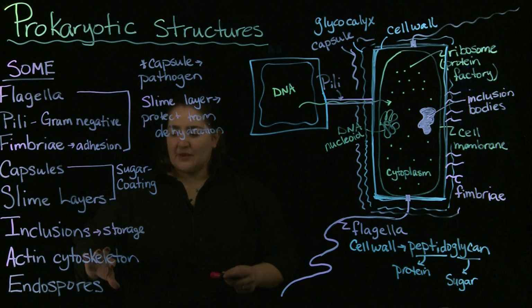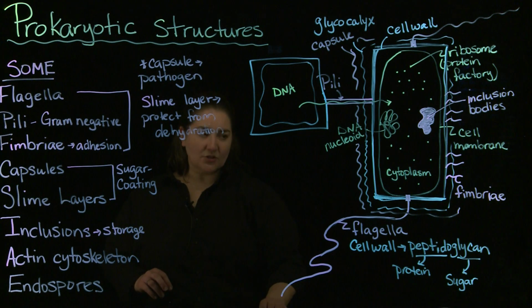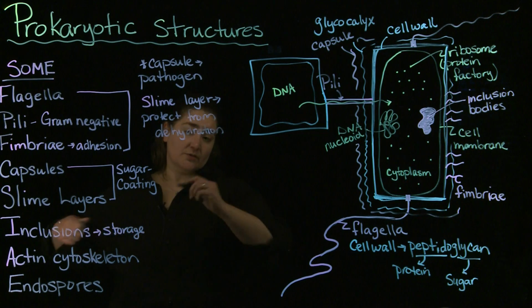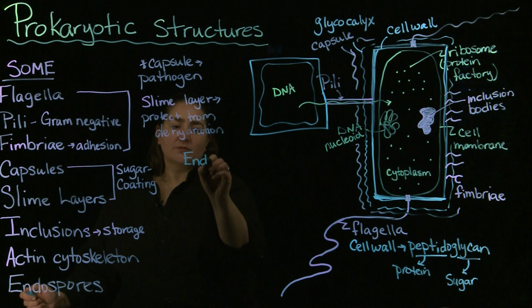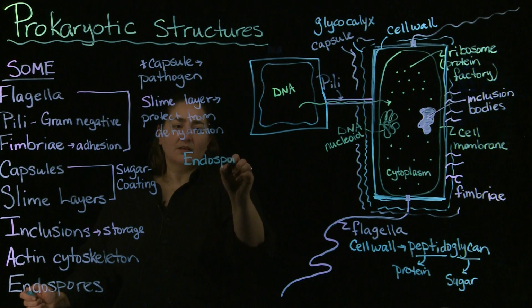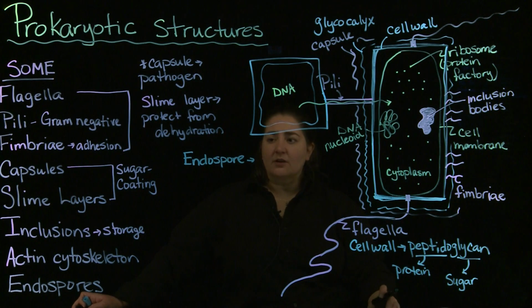I'm going to kind of skip actin cytoskeleton here for a minute because I want to make sure to talk about endospores, okay? And in terms of those endospores, lots of times students, when they're reading through the textbook, they're like, oh, endospores, that has to do with reproduction.